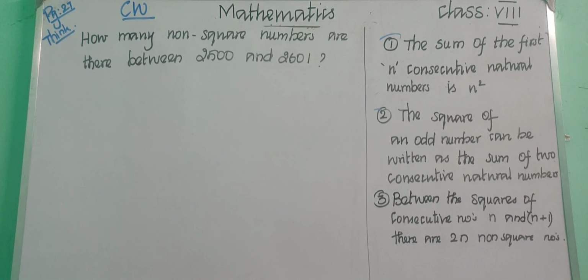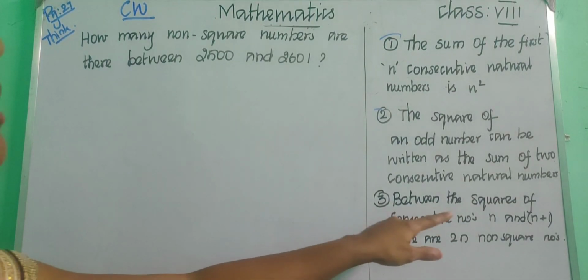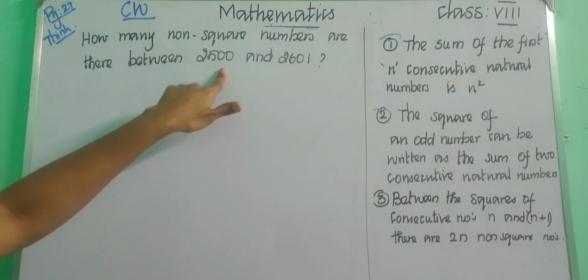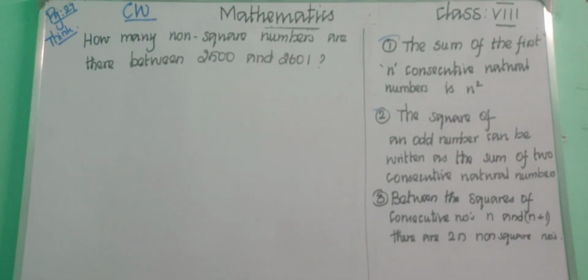So what is the third property we have learned here? Between the squares of consecutive numbers. So are these 2,500 and 2,601 consecutive? Whether it is a consecutive number?